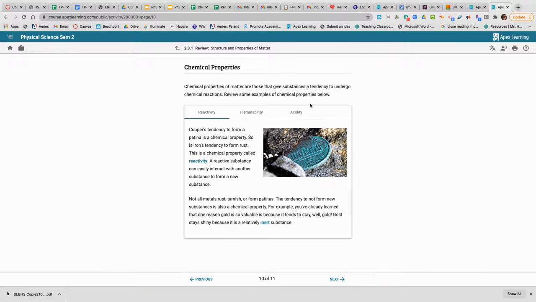So looking at chemical properties, those are the ones that give a substance a tendency to undergo a chemical reaction. A good way to think about it is you can't observe a chemical property unless the substance has a chemical reaction, unless it is permanently changed into another substance. Okay, so these are 3 chemical properties that we can use to describe a substance.